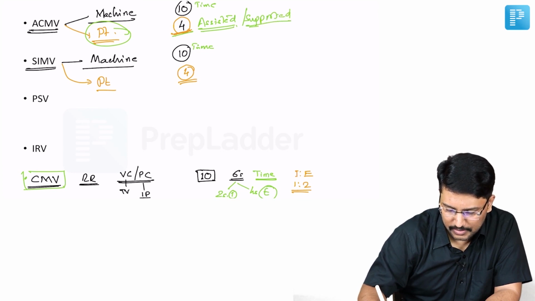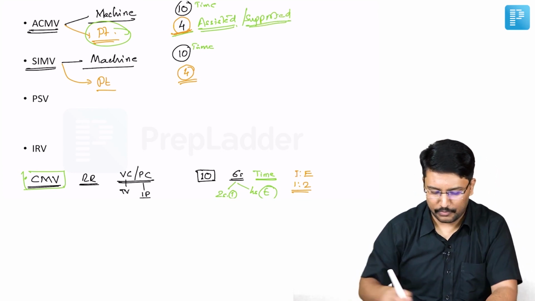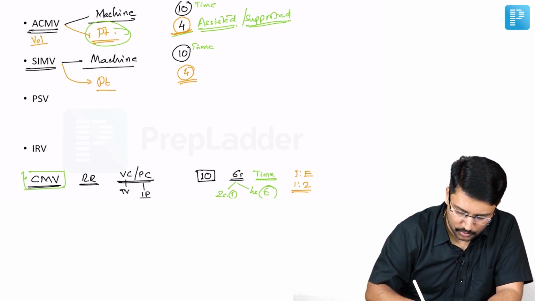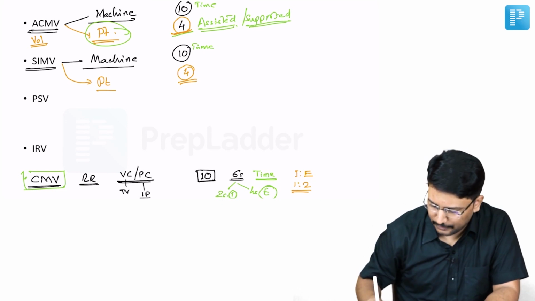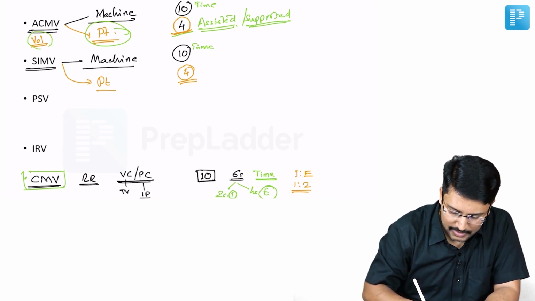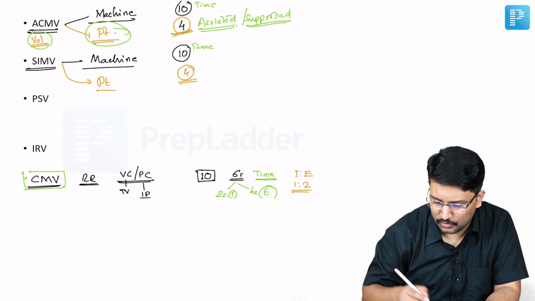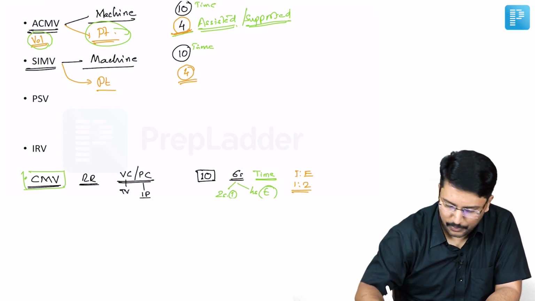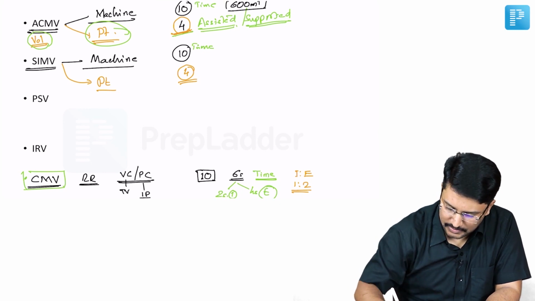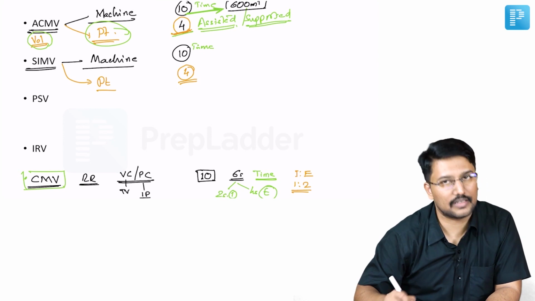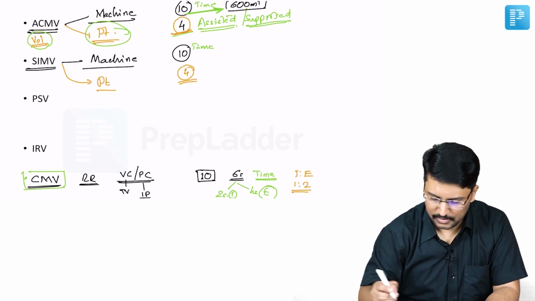Basically, see, for example, if you've taken a volume control mode of assist control mode of ventilation, or it could be pressure control mode also. I'm just taking volume control as a hypothetical scenario. If you set a tidal volume of 600 ml per breath, all these 10 breaths receive that 600 ml of tidal volume, right?